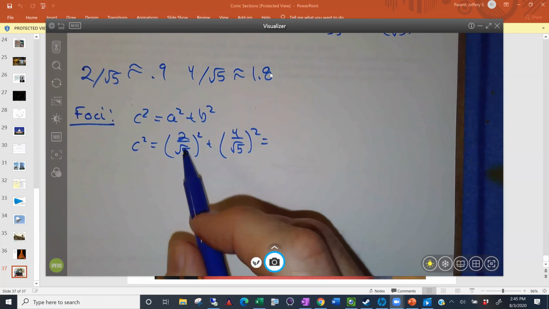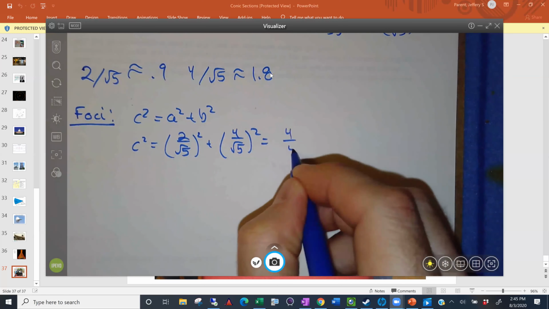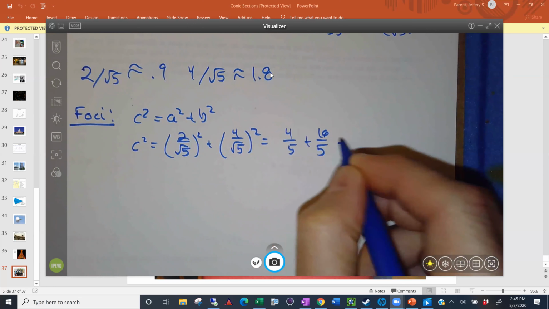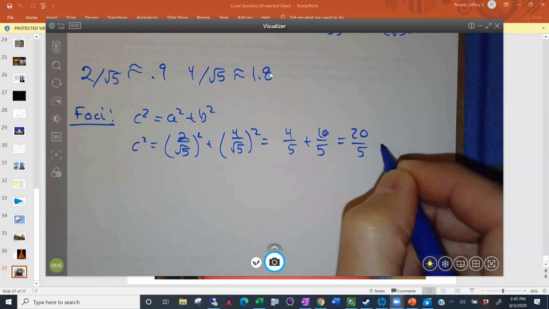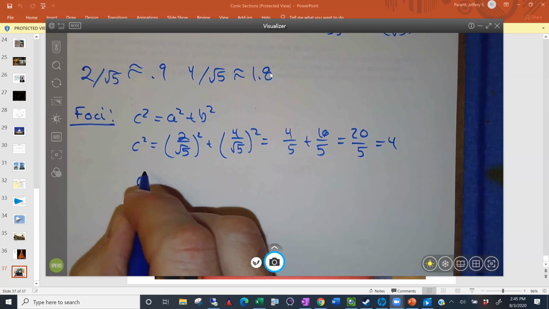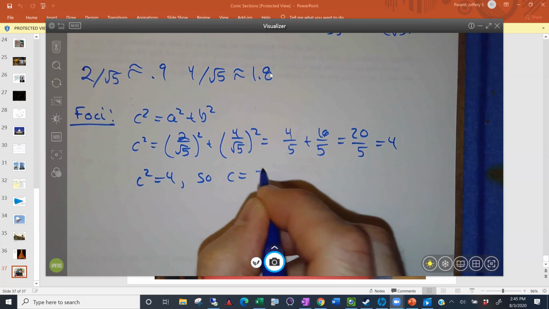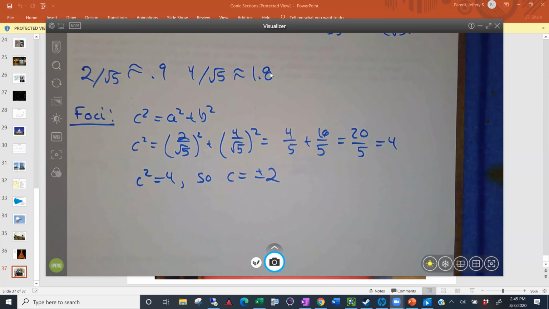So it's 4 over 5 plus 16 over 5, which is 20 over 5, or 4. So c is plus or minus 2. Well, at least something worked out nice and even in this problem. Not that much else did, but that's okay.